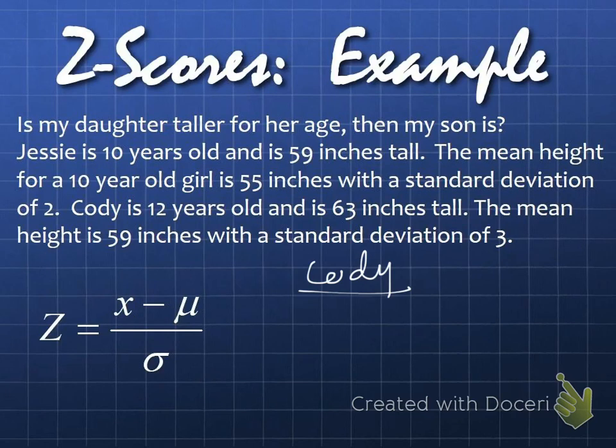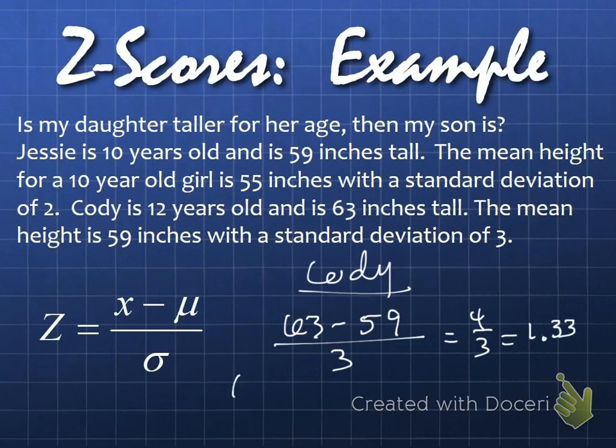So Cody is 63 inches tall, where the mean height of his age group, 12-year-old boys, is 59 inches with a standard deviation of 3, right? So this is going to be 4 over 3, which is going to give you 1.33. So that means that Cody's height is what?